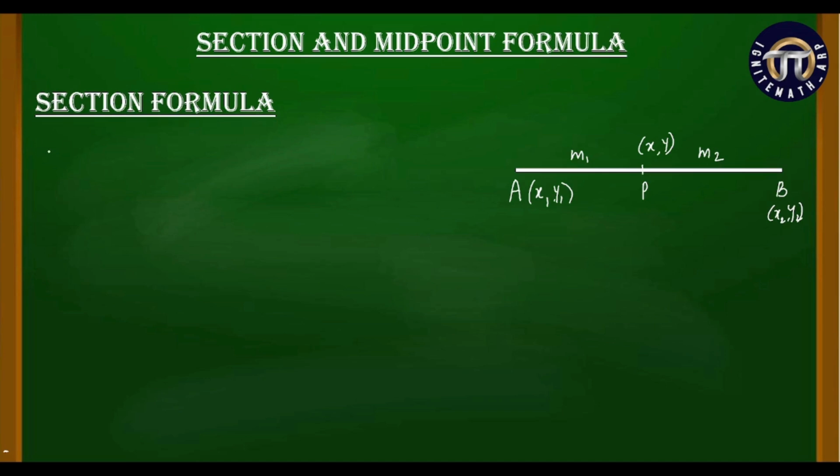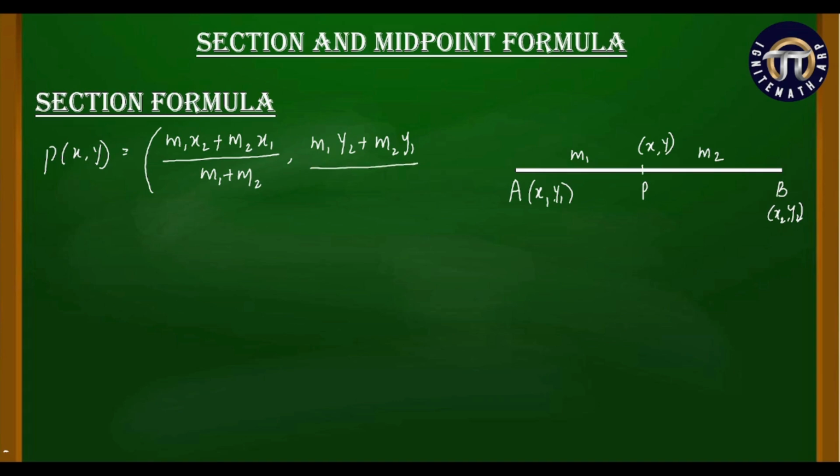Then the coordinates of the point P, x comma y, is given by the formula, need to understand children, (m1 x2 + m2 x1) / (m1 + m2) comma (m1 y2 + m2 y1) / (m1 + m2). So this is the formula which is called the section formula, used to find out the coordinates of P, which divides the line joining A and B.